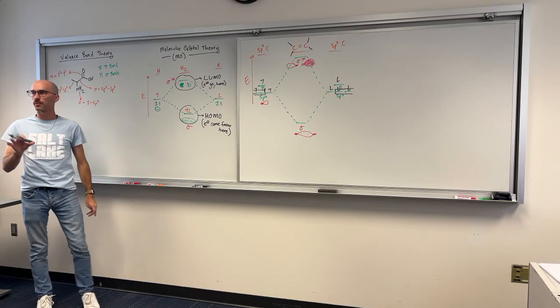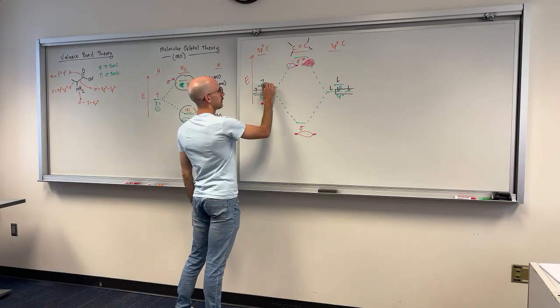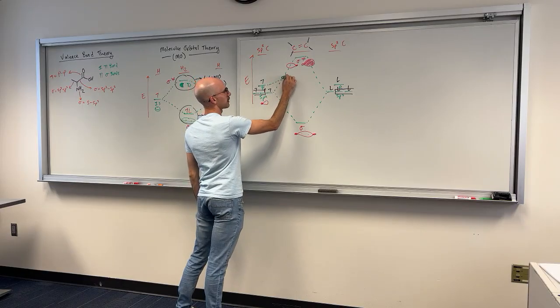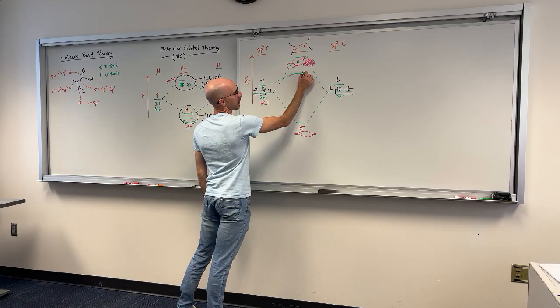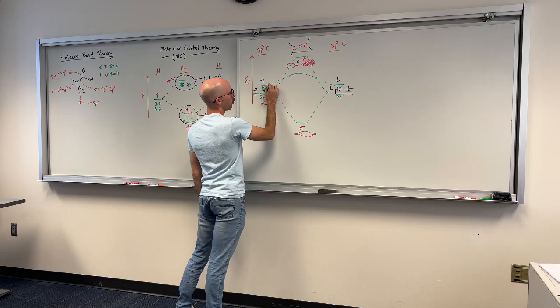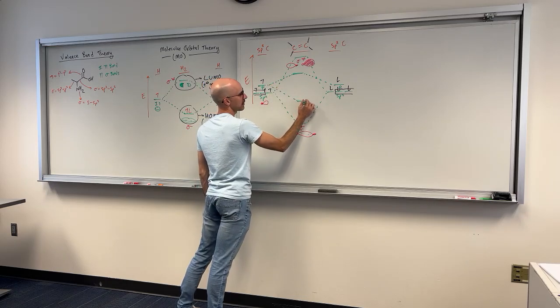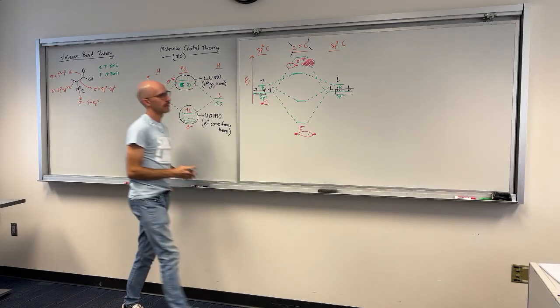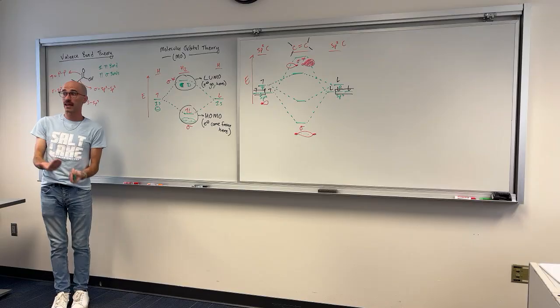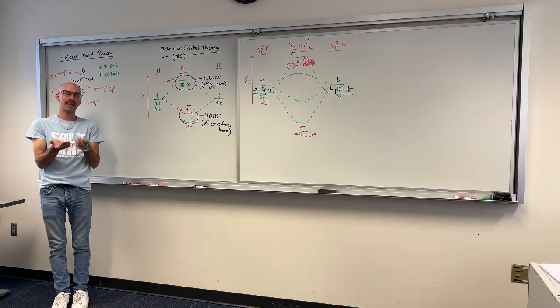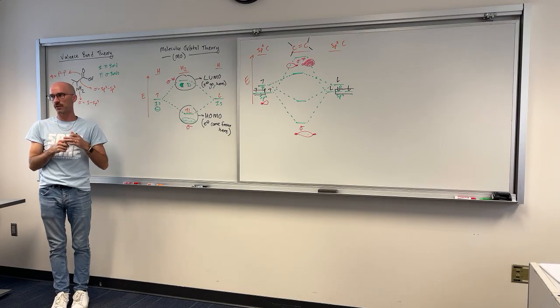Let's look at what happens when the p orbitals overlap. Because p orbitals are smaller in size, they don't overlap quite as well. And this means that they don't get as much constructive interference, and they don't have as much destructive interference.